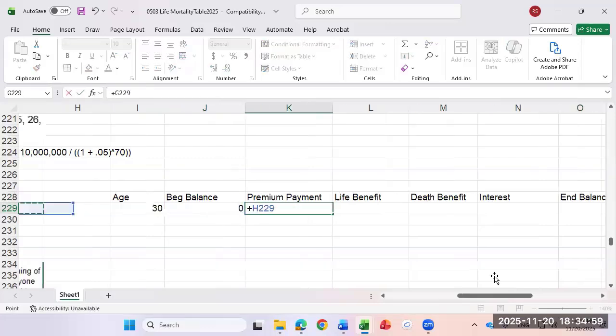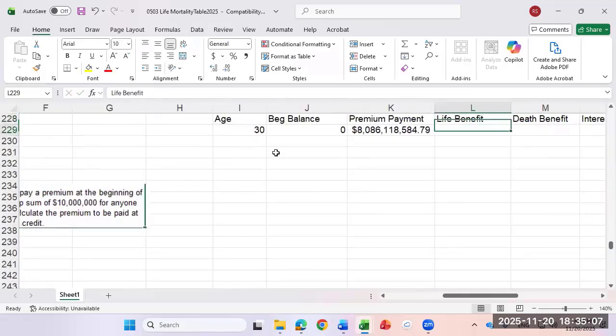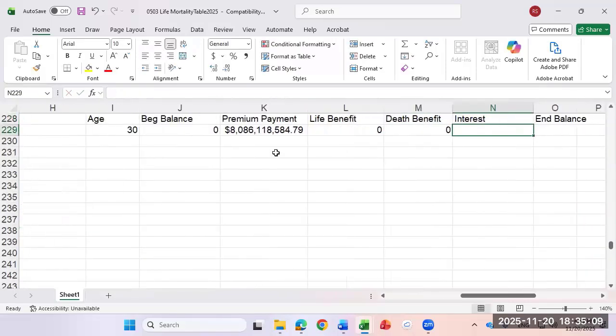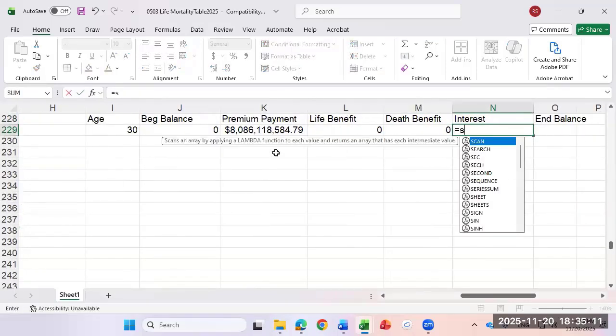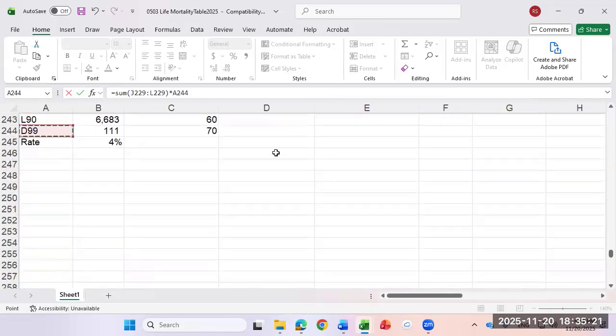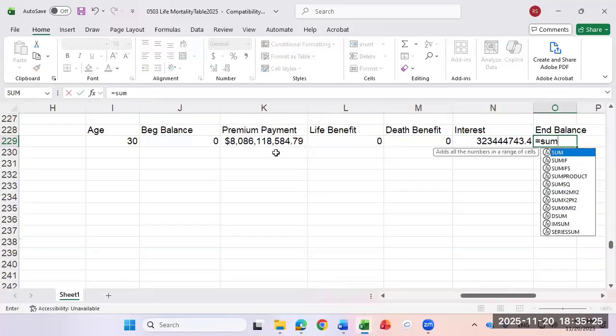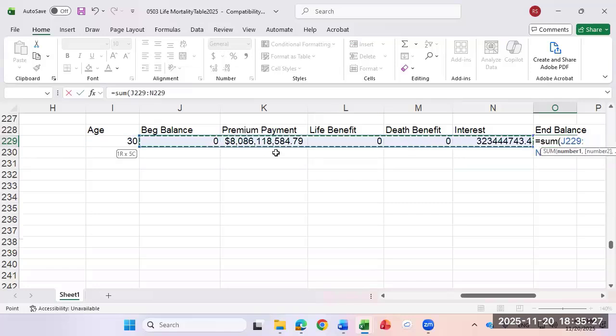Your first premium is going to be L30 times 81,561. No life benefits, no death benefits. Your interest is going to be, we're going to sum the beginning balance, the premium payment, and the life benefit, but not the death benefit, because that's at the end of the year, times our interest rate. And our ending balance is just the sum across.